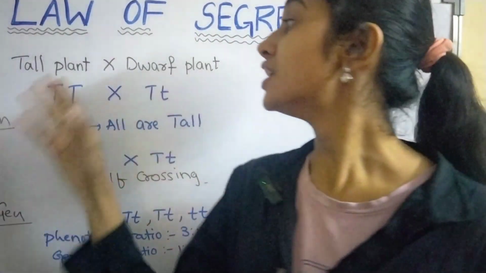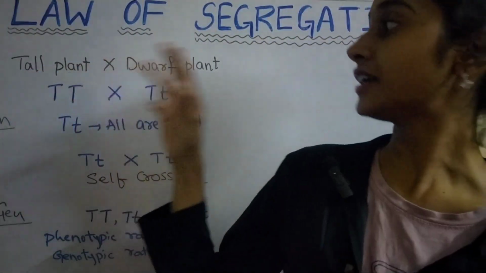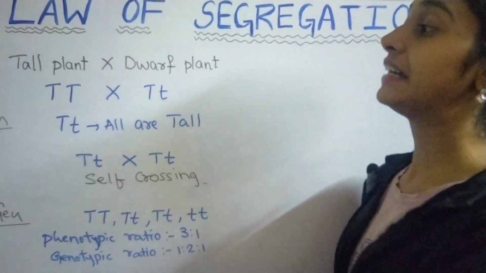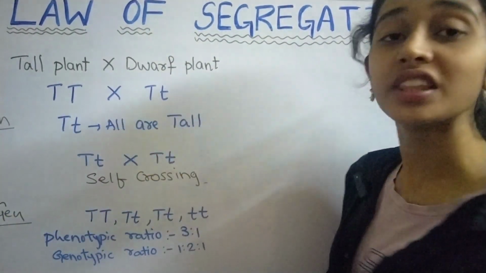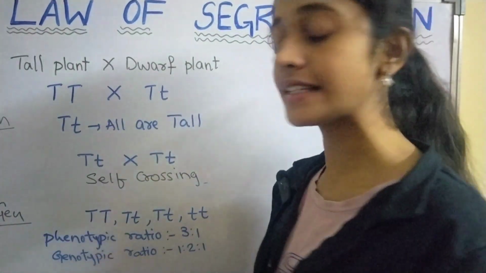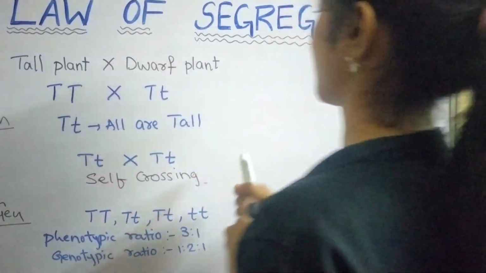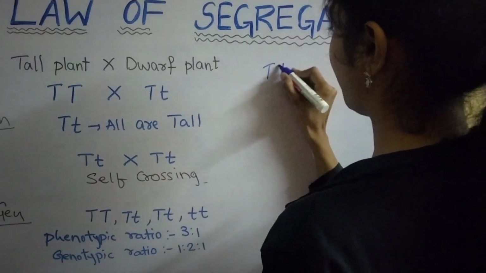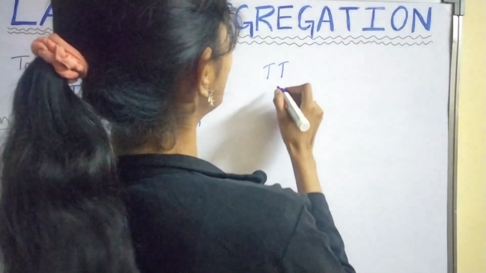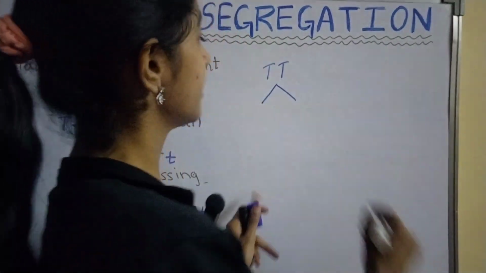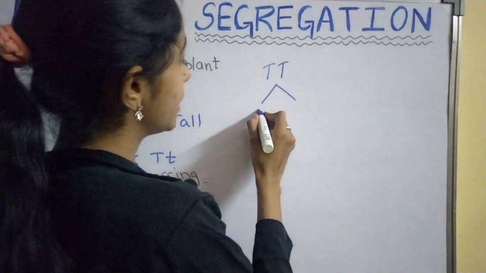So here is the example. A tall plant crosses with a dwarf plant, capital T crosses with small t. Here the segregation happens. We have capital T, and this is going to segregate during gamete formation.